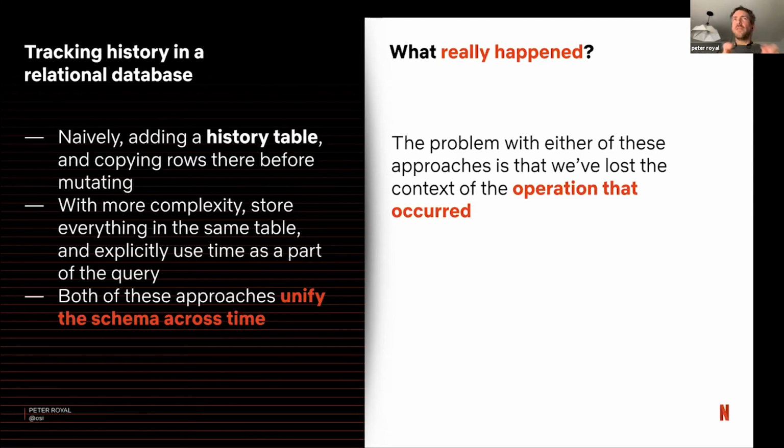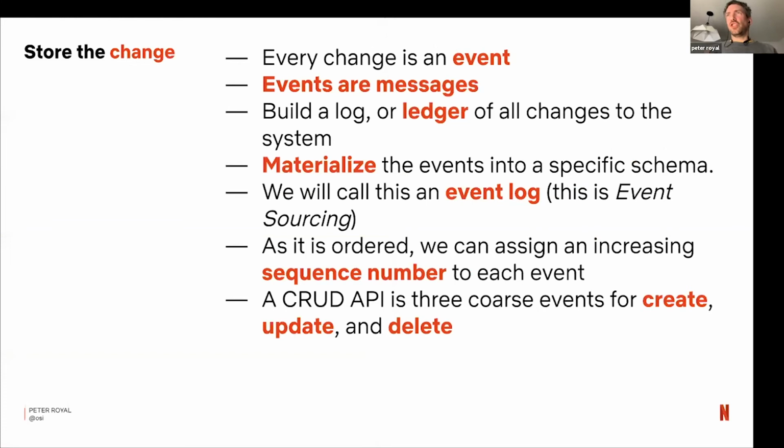For data that is only affecting one thing, you can probably look at before and after and kind of deduce what occurred. But if there's any more complex transformation happening to the data, it's harder to tease out what was going on. So what if we actually store the change itself?